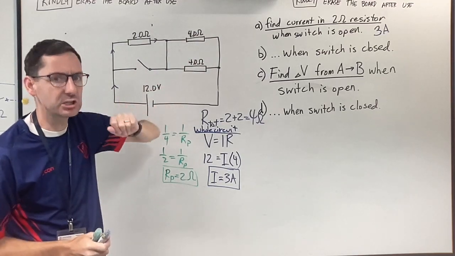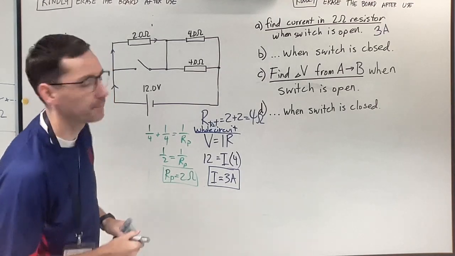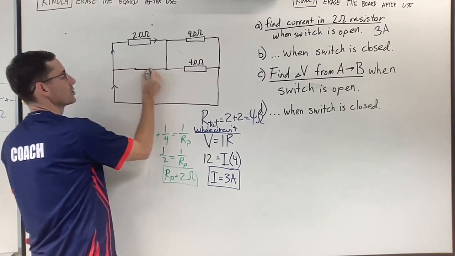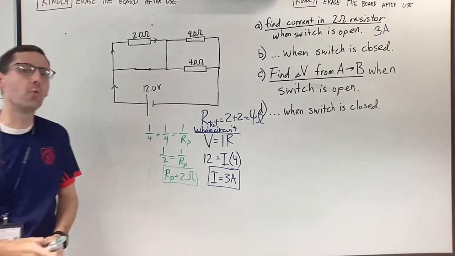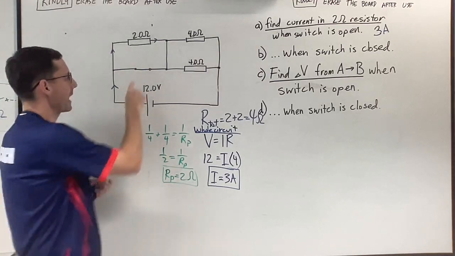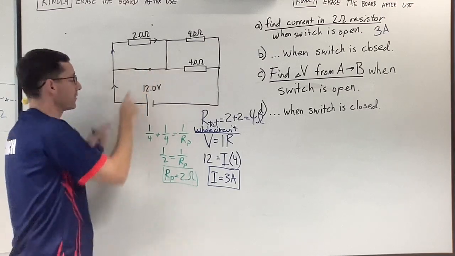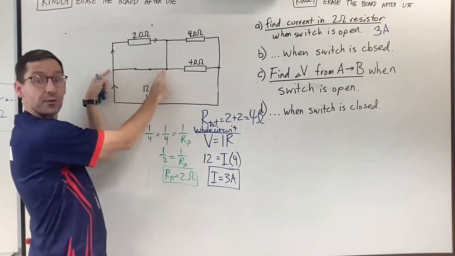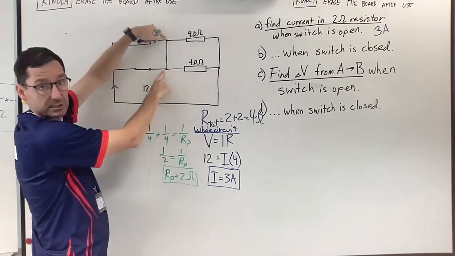Question B changes it. It says, okay, well, what if now we change the circuit? What if we take it and we close the circuit? Okay? Now, what you need to recognize is that this and the 2 ohm resistor are now in parallel, right? The current's going to come here, and then it can choose whether to go this way with no resistance, or it can go up through the 2 ohm resistor.